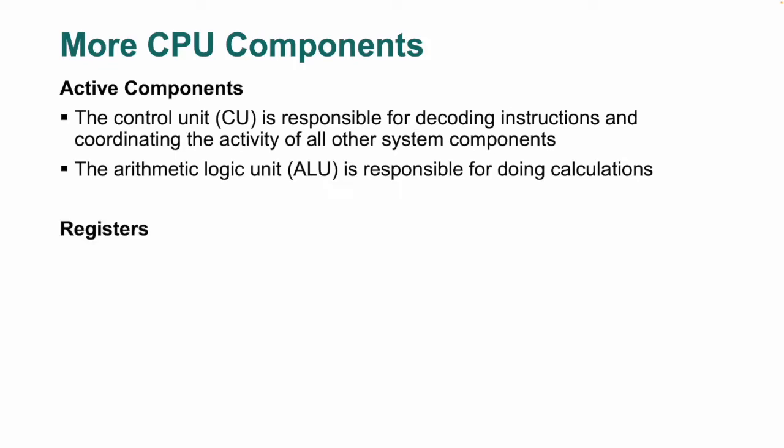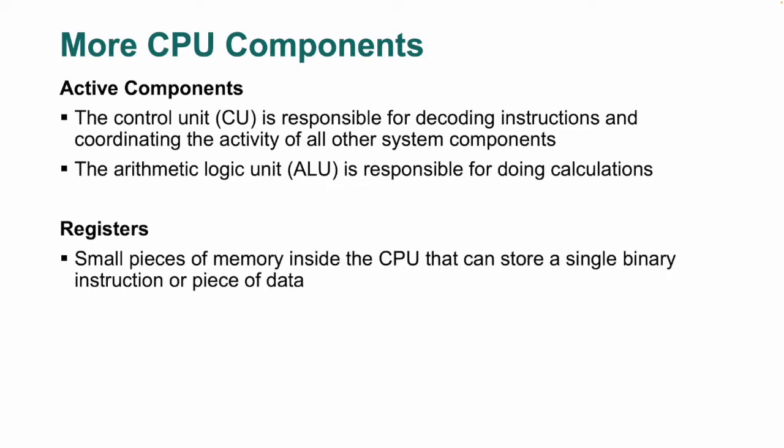Next, we have registers. Registers are really small memory locations inside the CPU, and one register can store one binary piece of data, one binary instruction. Okay, this is memory, but it's not main memory. This is part of the CPU. The CPU needs a little bit of memory just to store the instructions that it's working on at the moment.